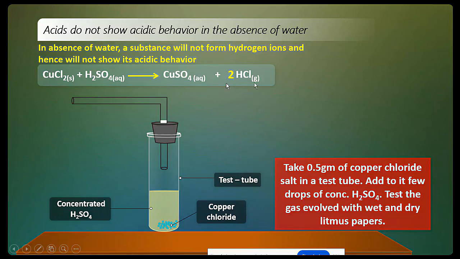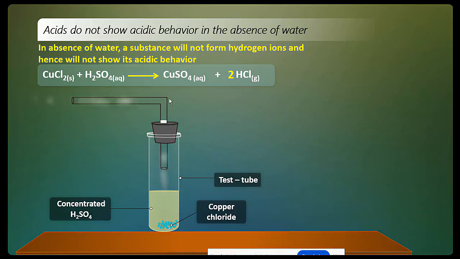So whether it shows acidic nature or not, we have to test with wet litmus paper and dry litmus paper. Wet means it contains some moisture on the surface of the paper, and dry means it is completely dry. Is it right? So here, just keep a dry litmus paper. HCl gas is coming out of this test tube.